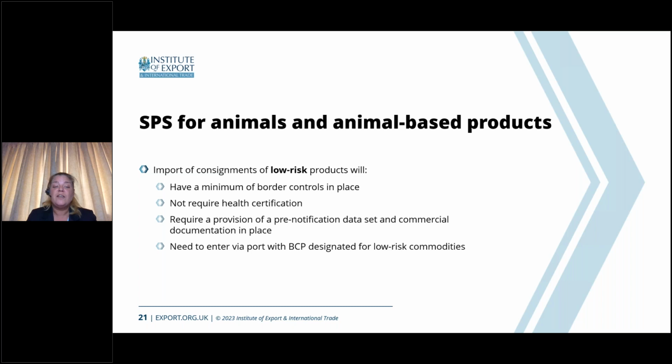Low risk goods. Now, as you can see here, there are no health certifications required, but you still need to provide pre-notification data and have the commercial documentation in place, and that to be uploaded and sent in advance as well.